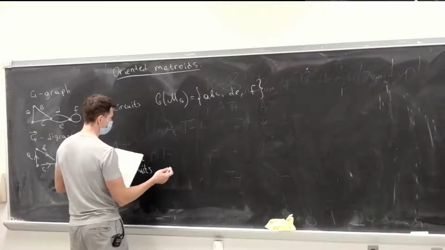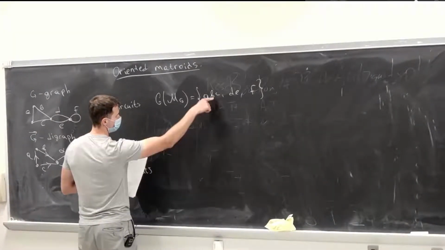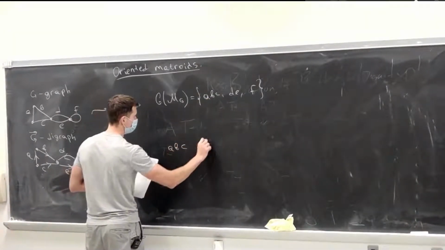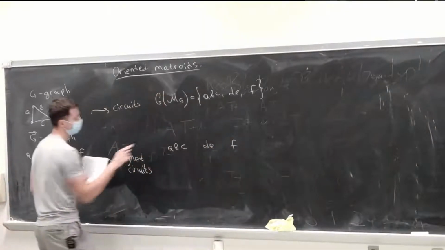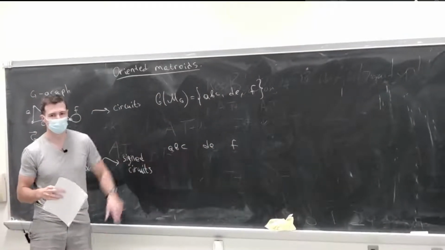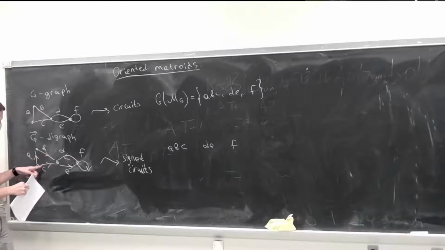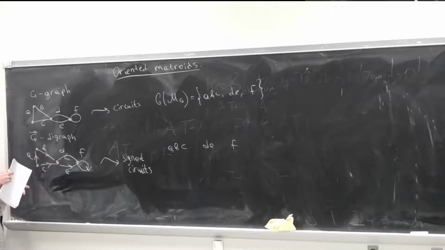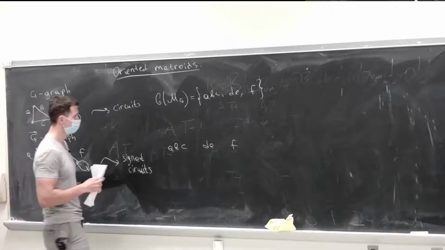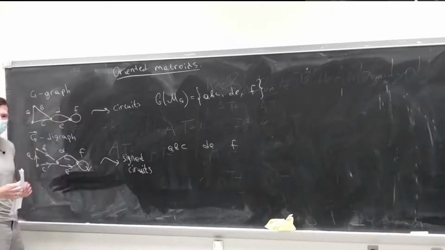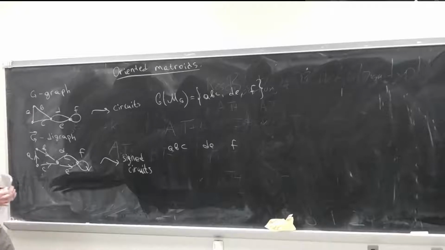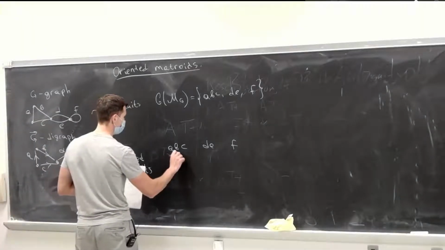Basically I want to take the same circuits as before, A, B, C, and D, E, F, and for each of these elements I'm going to put either a plus or a minus. The way I do that is I take my circuit and traverse it in one direction, and then I look at which arrows point in the same direction and which point in different directions. So for example here, what would I do for A, B, and C? A, B minus C: plus, plus, and minus.